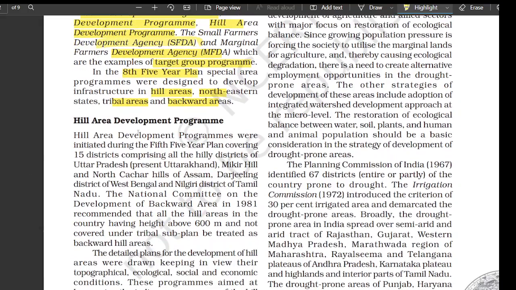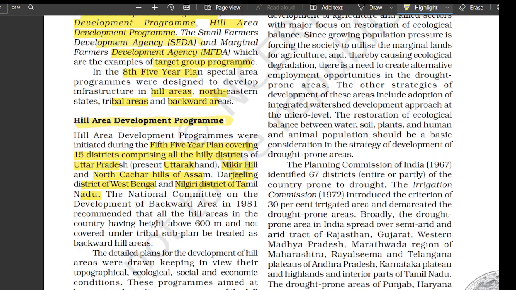Hill Area Development Programs were initiated during the 5th 5-year plan, covering 15 districts comprising all the hilly districts of Uttar Pradesh, present Uttarakhand, Mikir Hill and North Kachar Hills of Assam, Darjeeling district of West Bengal, and Nilgiri district of Tamil Nadu.